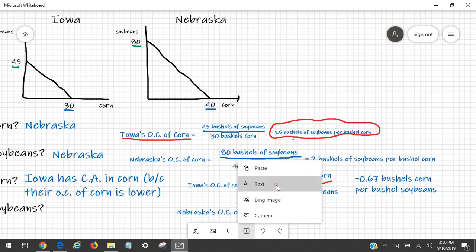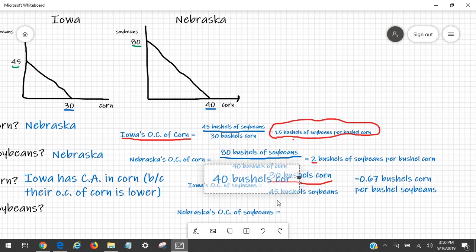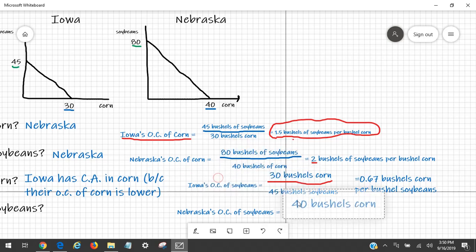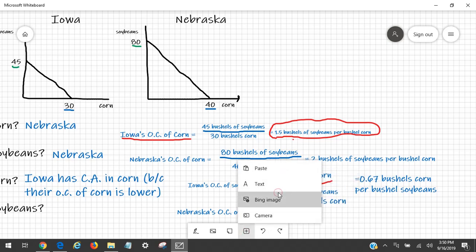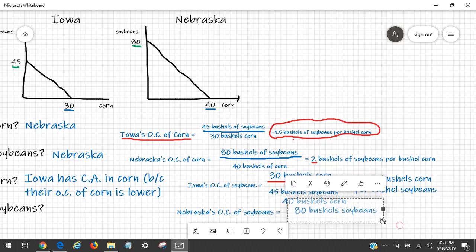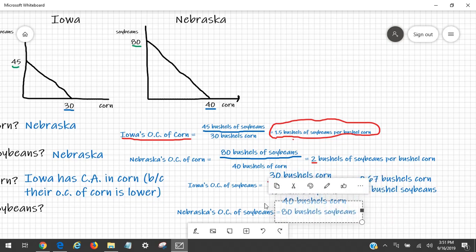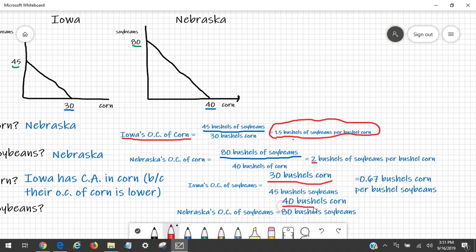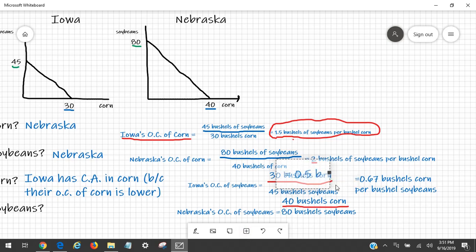So I'm going to have 40 bushels of corn on top and 80 bushels of soybeans on the bottom. 40 over 80 gives me 1/2, or 0.5 bushels of corn per bushel of soybeans.